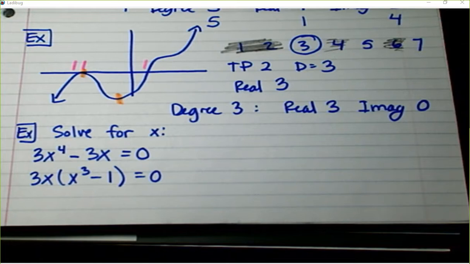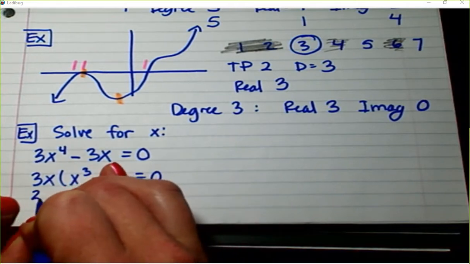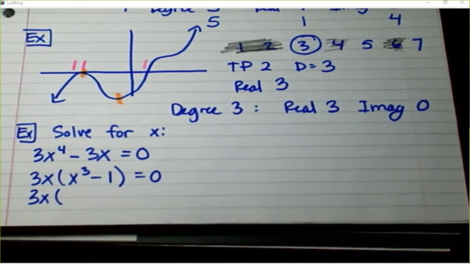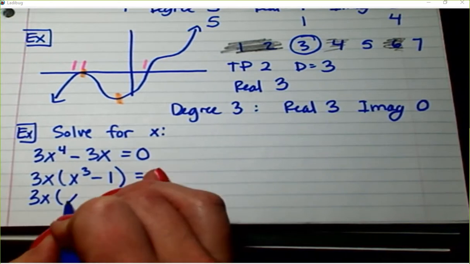And what do I see? Cubes. I see cubes. Okay, so I have to do the cube factoring. You've got to factor completely before you try solving, okay? You have to.